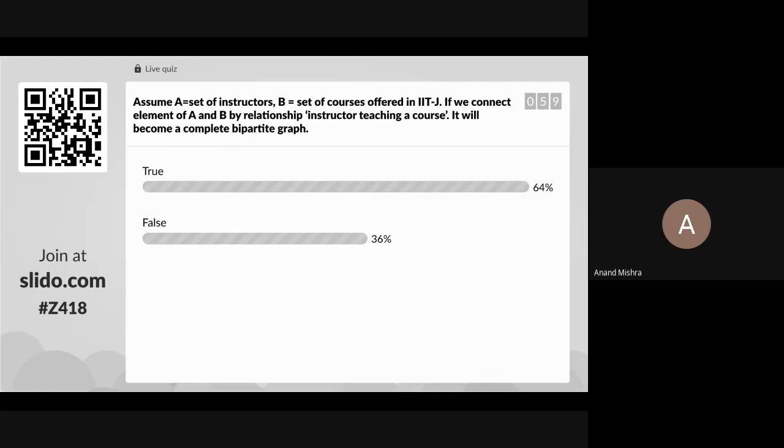I think that's why you are making this type of mistake. So I think we need to revisit these questions. But the answer is false. It's not a fully connected graph. It's not a complete bipartite graph. And why is that? Let's at least quickly look into this. Is it because of time you are struggling, or are you really sleeping in the class?